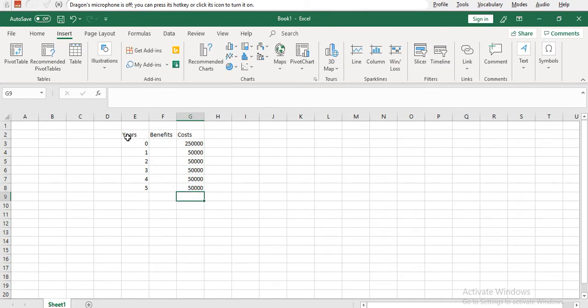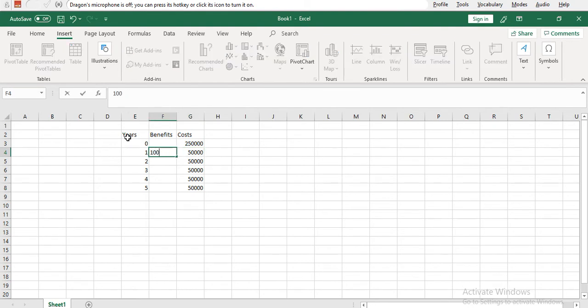Let us assume that the project is implemented in 1 year. So after the 0th year, in the first year itself, we are getting some sort of returns, and returns will increase year by year by at least 10%.